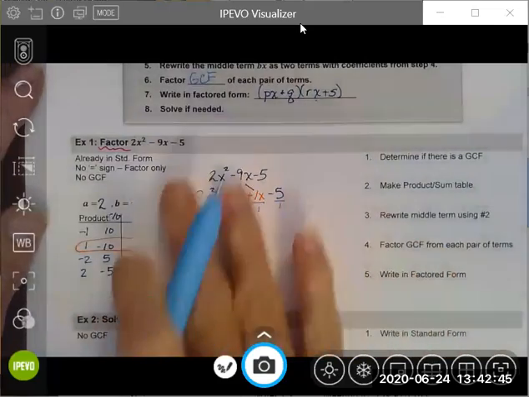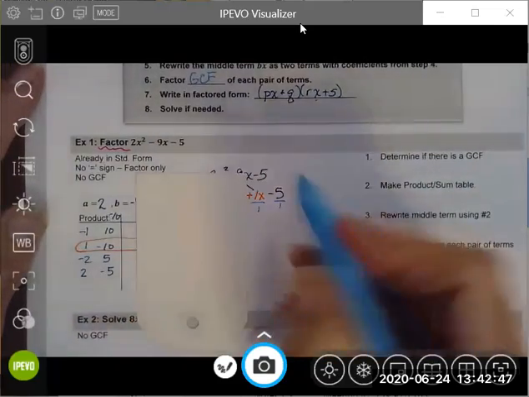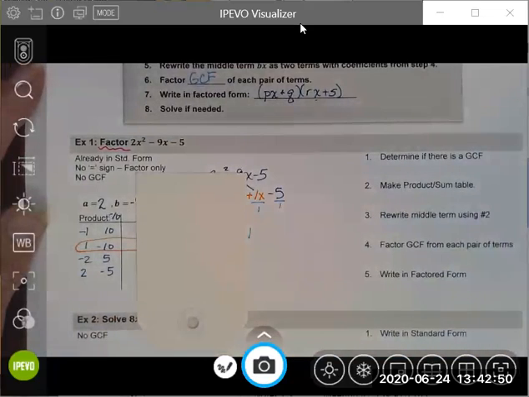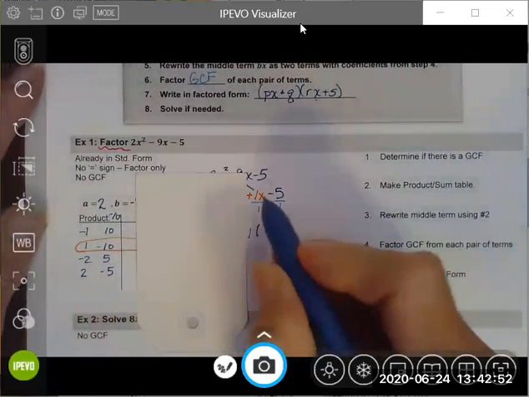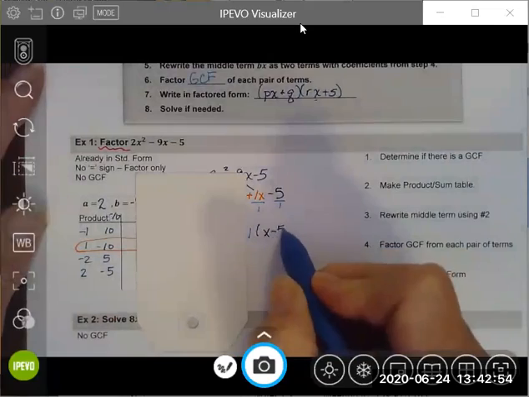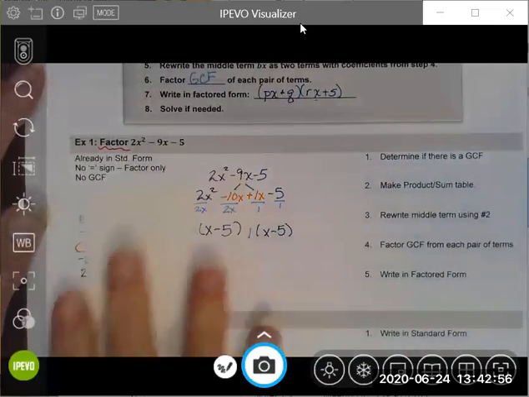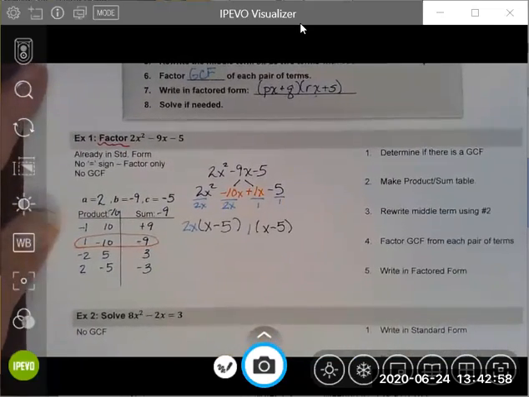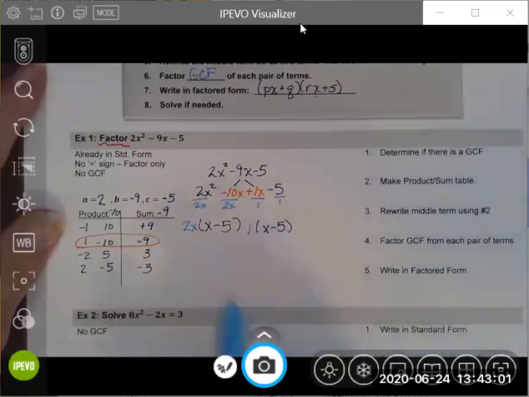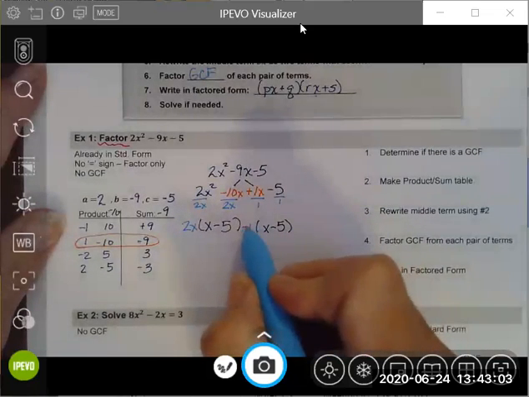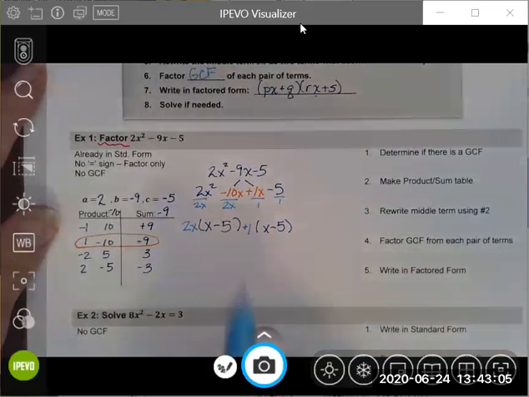I'm going to write 1 here because it is one of my factors. And anything divided by 1 is just itself. So now what I should see is, I'm going to put a plus sign here because this was plus 1x.